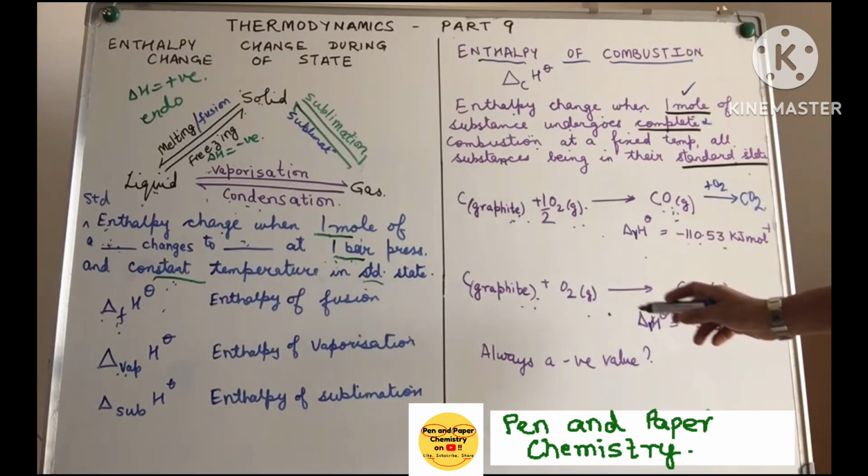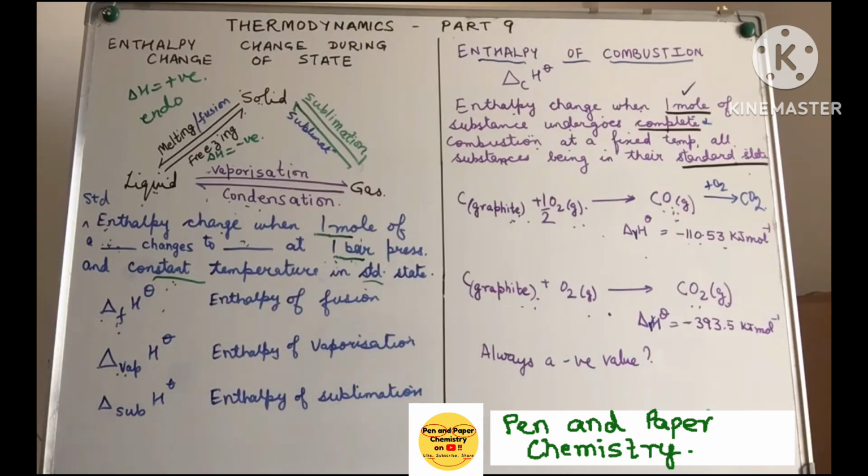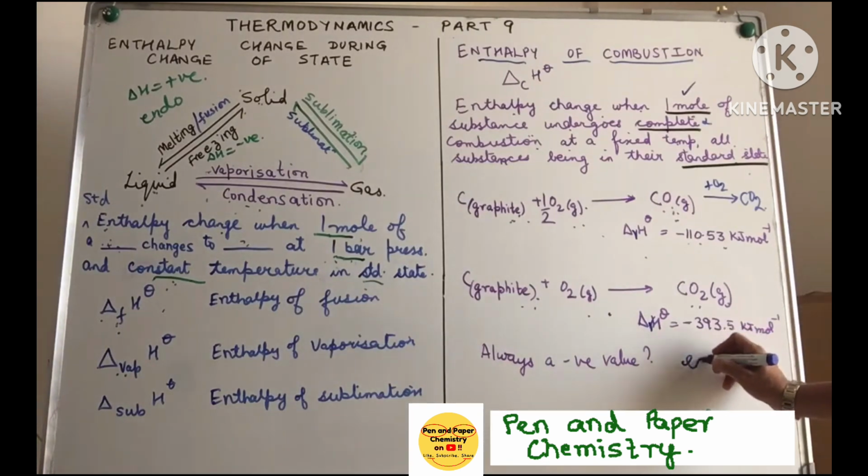Now, enthalpy of combustion is always a negative value. If you notice over here, what does the negative value indicate for delta H? Yes, here delta H negative means heat is given out. Heat is liberated. It's an exothermic process. Always when a substance burns, heat is given out.